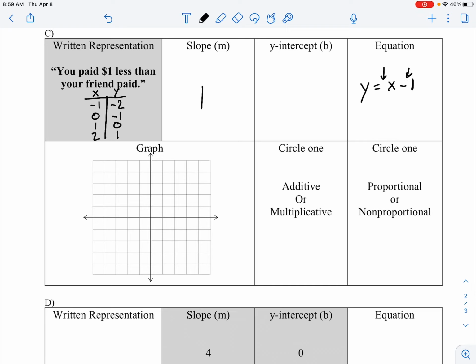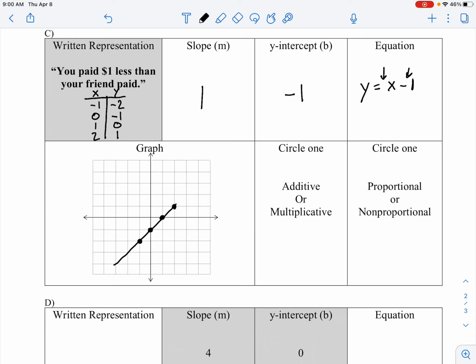All right, so let's graph the points we made. We've got -1, -2. We have got 0, -1. We have got 1, 0. And we have got 2, 1. And there is going to be my graph of this line.